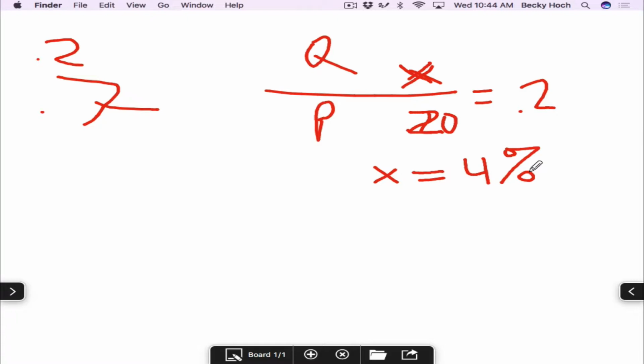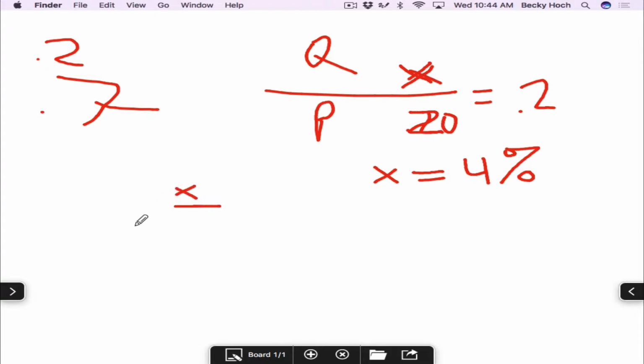Was that for short run? Short run. So now we have to do the whole miserable thing over again for the long run. Do our dollar amounts change? No. So all we do is do the same thing.